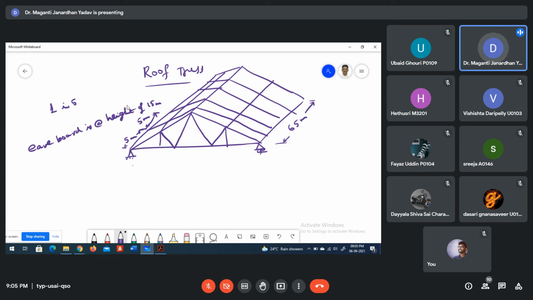And the span of the truss is 20 meters. It is there somewhere here, this structure.